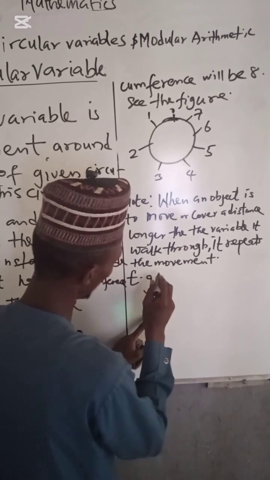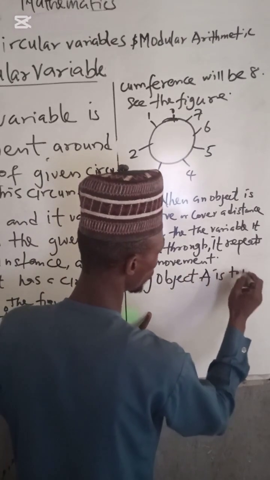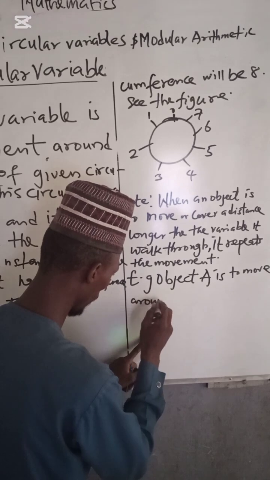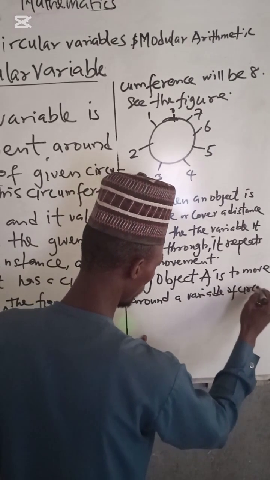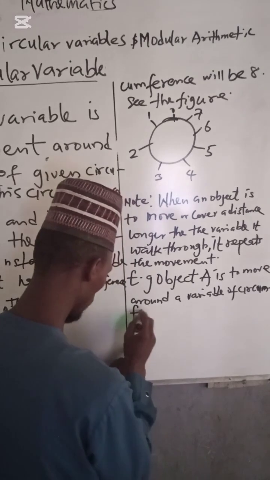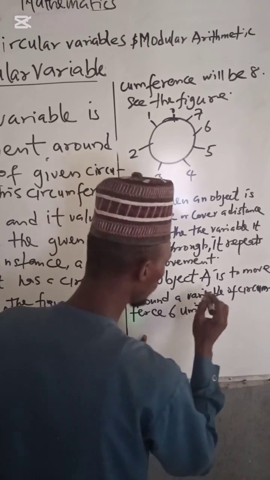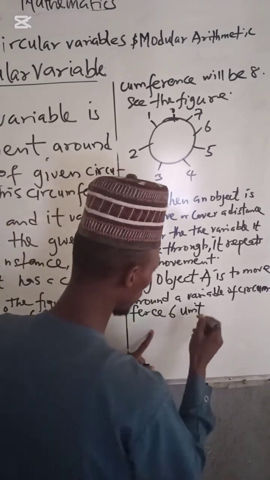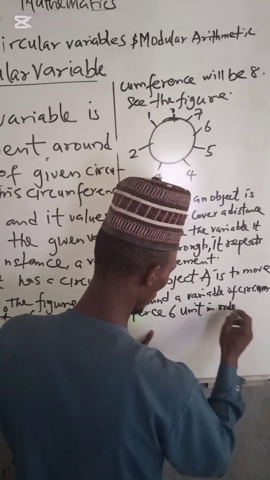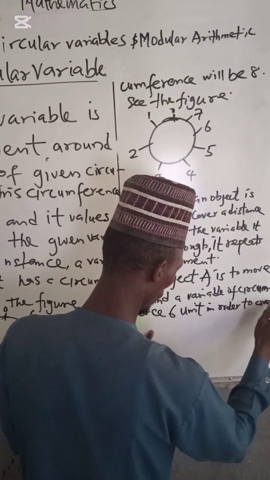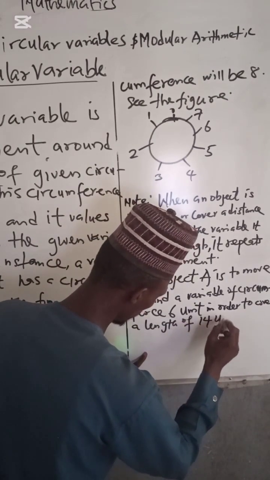For example, object A is to move around a variable of circumference 6 units in order to cover a length of 14 units.